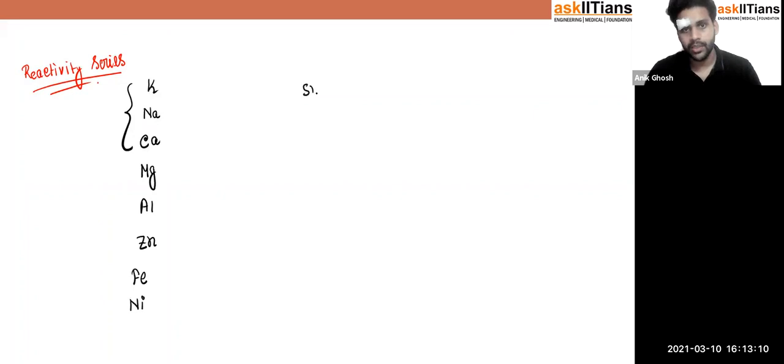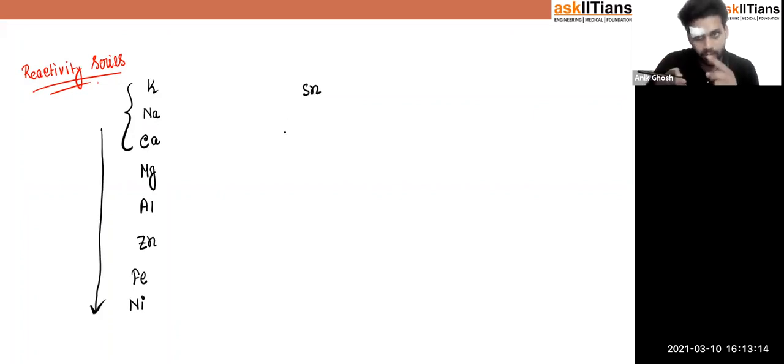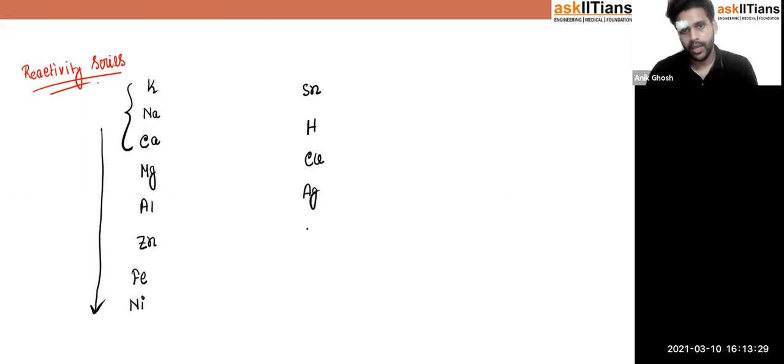After nickel, tin should be below nickel, and I'm continuing on the right side. There should be lead as well, not important. After that, copper, Ag, Au, Pt, platinum. These are the elements that can be found here.